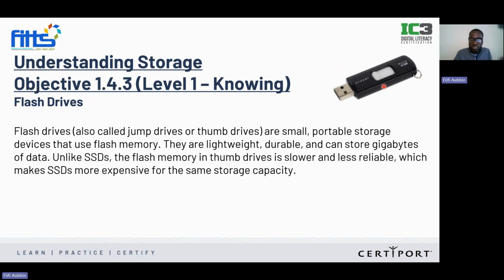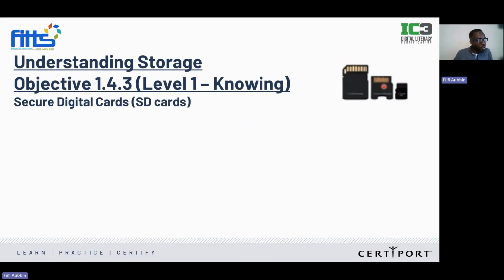They are lightweight, durable, and can store gigabytes of data. Unlike SSDs, the flash memory in thumb drives is slower and less reliable, which makes SSDs more expensive for the same storage capacity. So it's all about what you need and your ability to afford what you want.